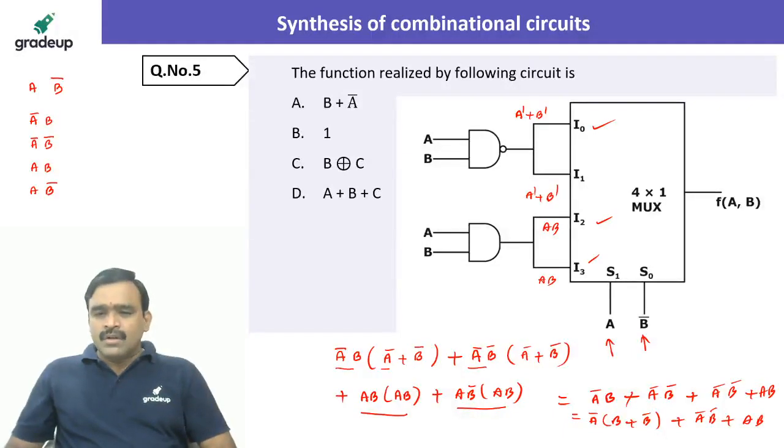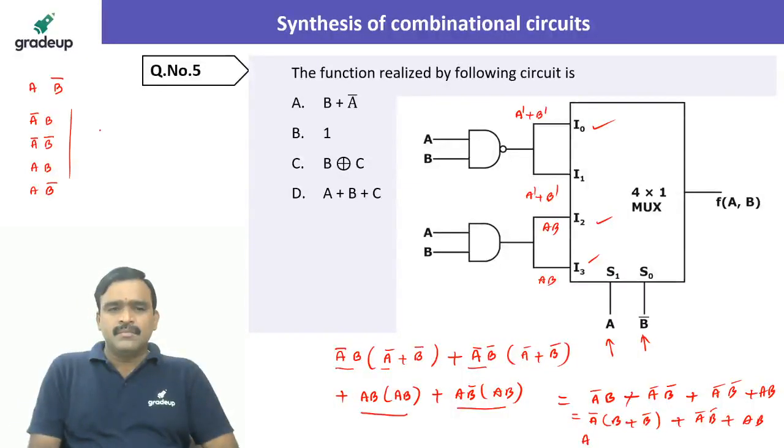Now if you observe this, what is required here? I have written A bar of B plus B bar. So this is becoming A bar plus A bar B bar plus AB. I can take A bar as common in these two.